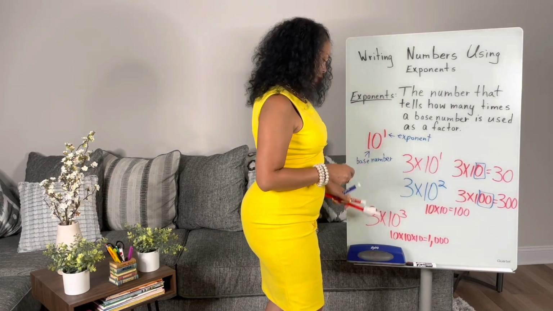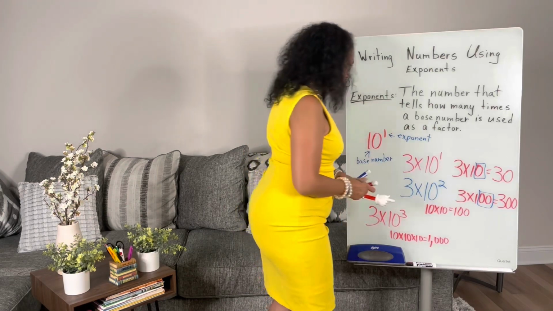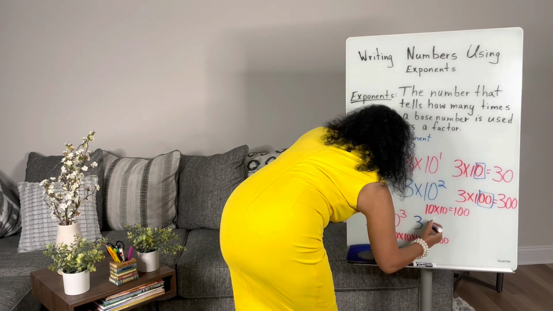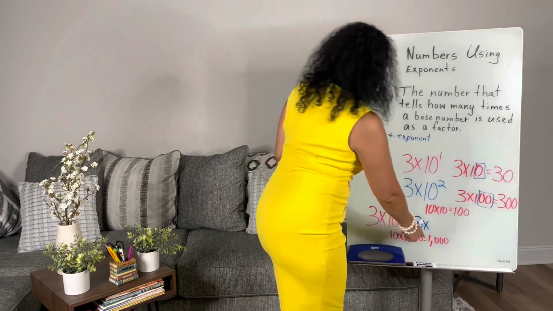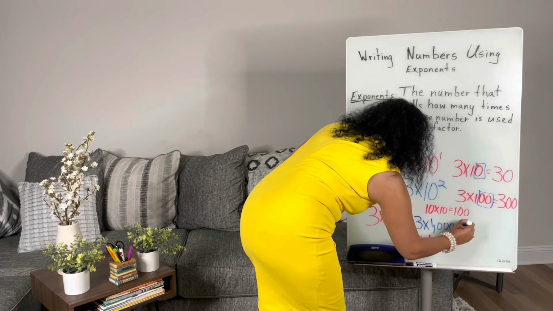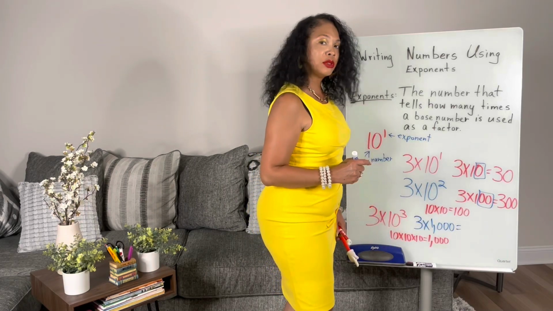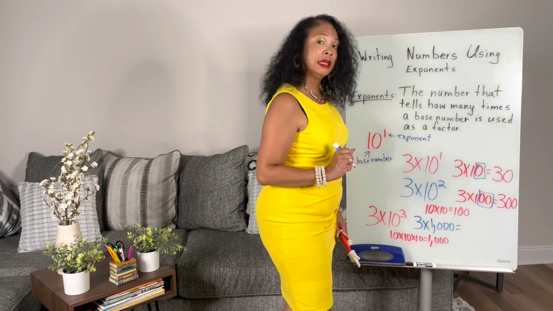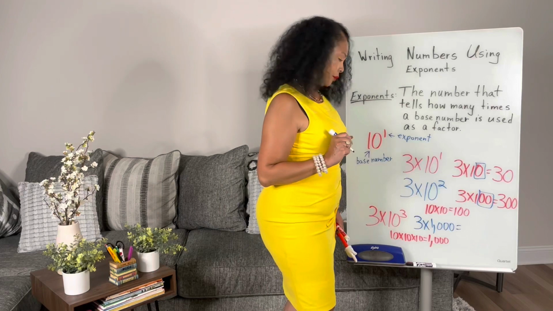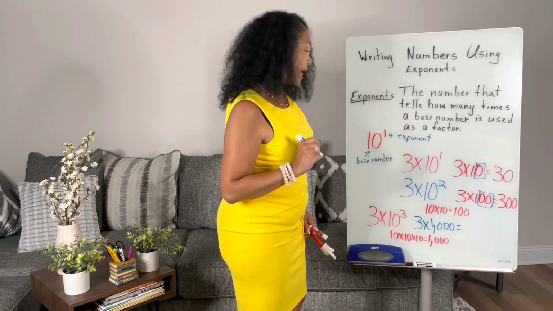And so we're going to go back to our problem. We have our whole number 3. Let's write that down. We're going to multiply it by 1,000 because that's our answer to 10 to the third power. Our exponent tells the 10, the base number, to be used as a factor 3 times. And we know that 10 times 10 times 10 equals 1,000.